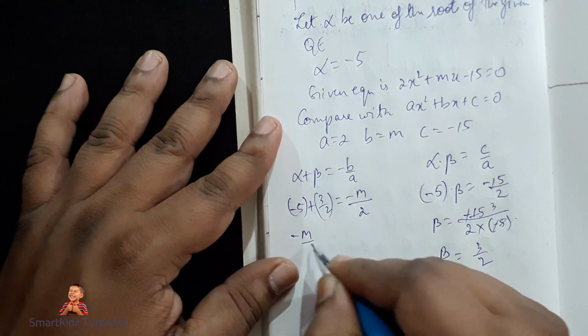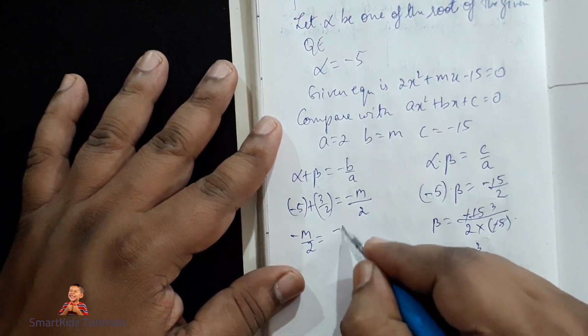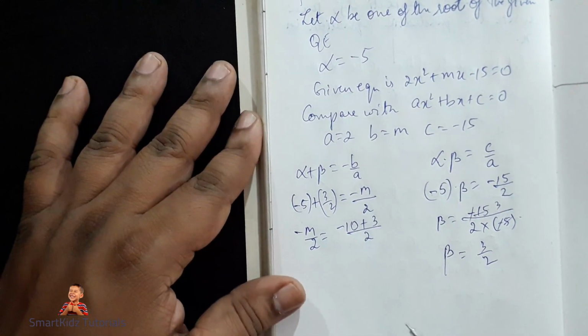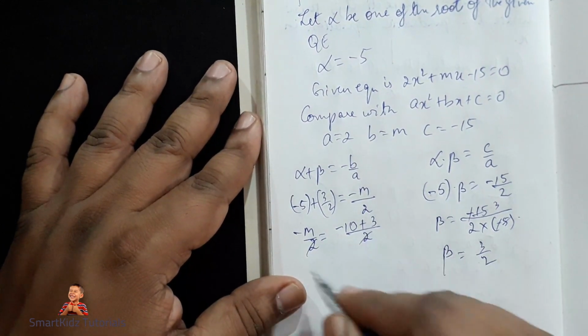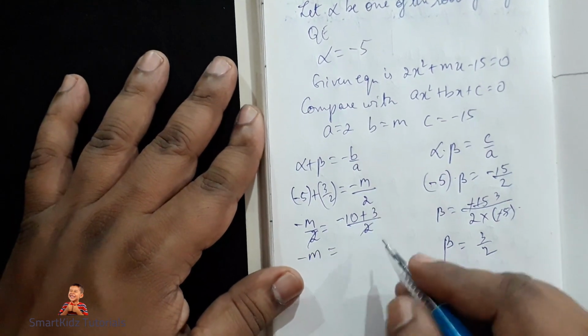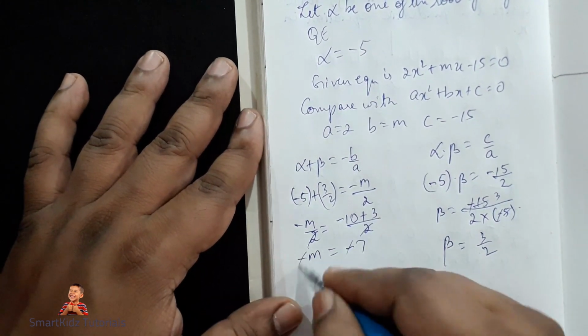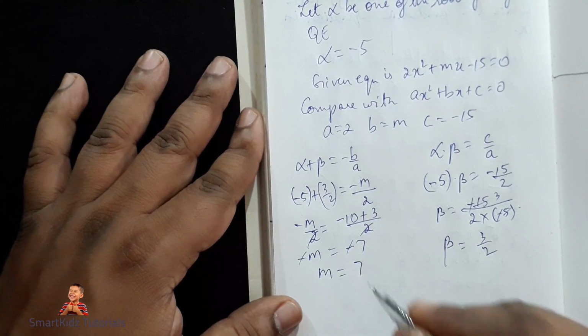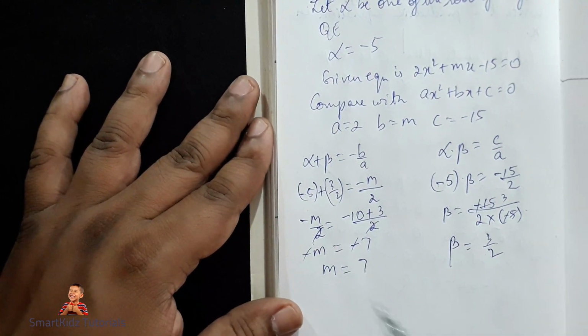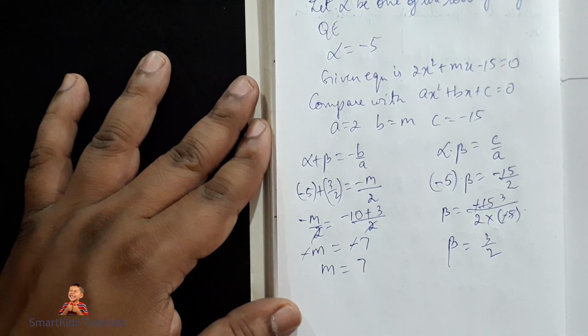So minus m upon 2 equal to minus 10 plus 3 upon 2. So I've taken the LCM. This 2 I can cancel here. I will get minus m equal to minus 10 and plus 3 will be minus 7. Minus and minus cancels, and we get m equal to 7. So the answer that we were looking for is m equal to 7.